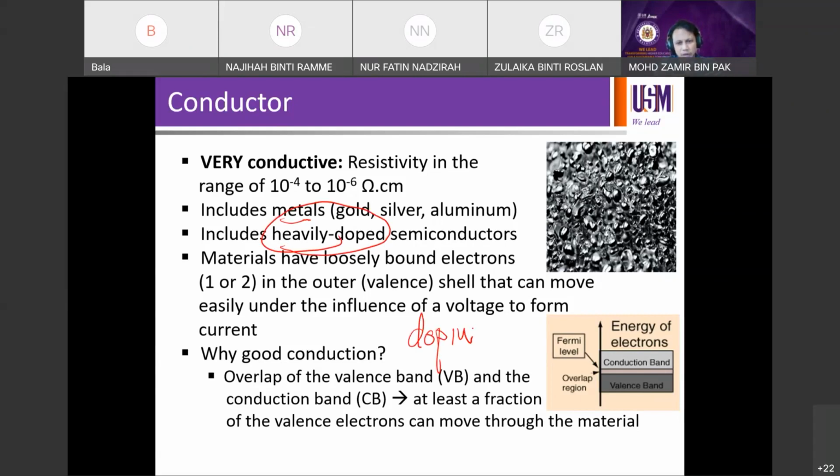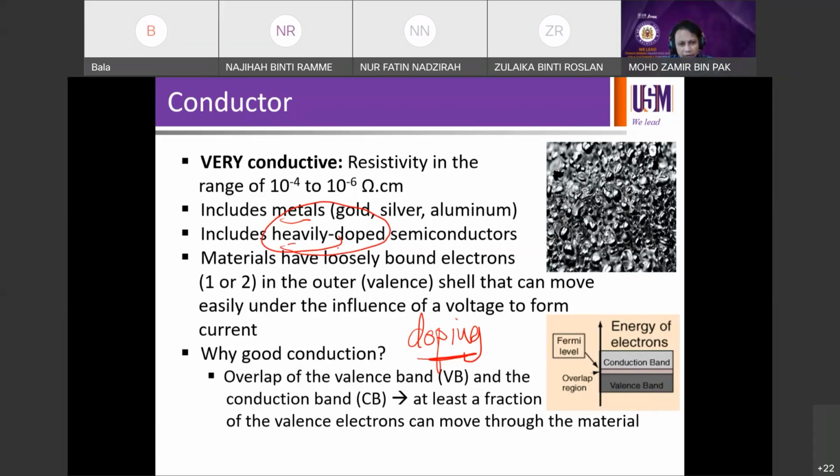So this is where you incorporate impurities such as impurities from group 3 like boron, aluminium, gallium into silicon, for example, as host atoms. Or you can also include impurities from group 5: phosphorus, arsenic, antimony, into silicon. And not only do you include them, you include a lot, right?